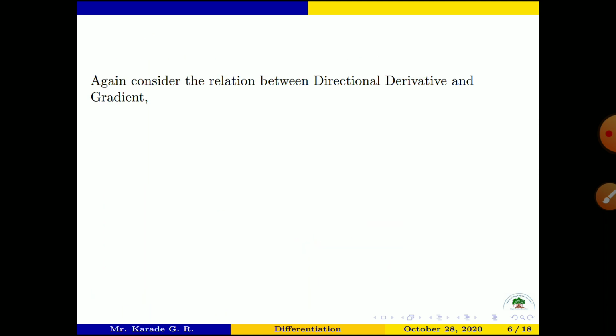Again consider the relation between directional derivative and gradient like this. Dv f of a is equal to gradient of f at a dot product with vector v. In the next step, we write the definition of gradient of f at point A. So fx at a comma fy at a dot product with vector minus 2 comma 3, and it is equal to minus 2 fx at a plus 3 fy at a.